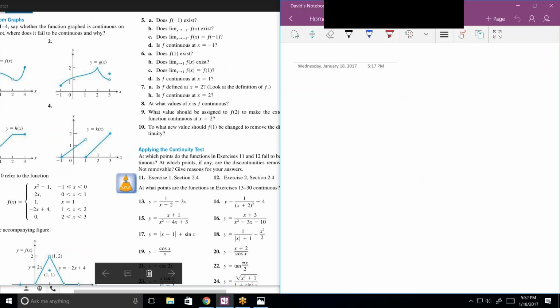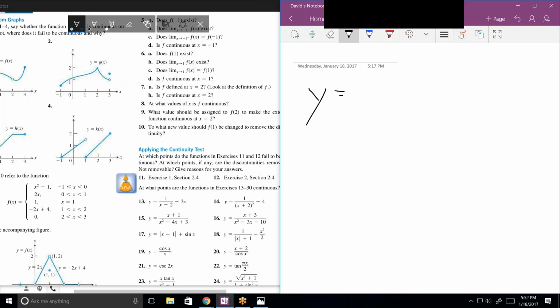All right. When they give you a function and you're trying to figure out where it's continuous, the first thing you want to look for is, are there any asymptotes? In other words, are there any places where we have problems evaluating the function? Well, what's the first thing in math that you cannot do?